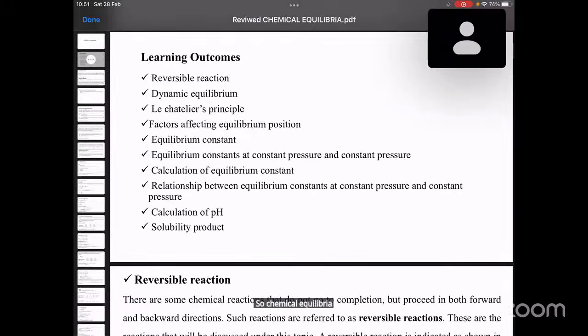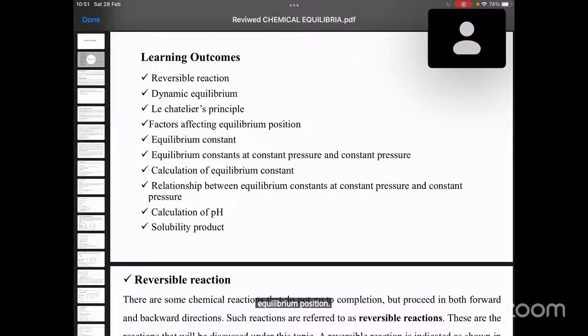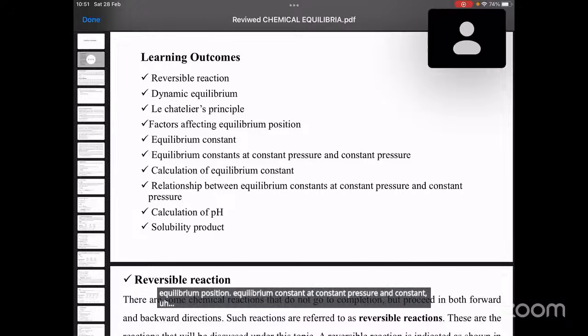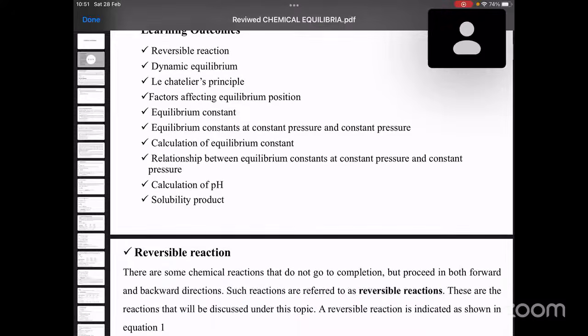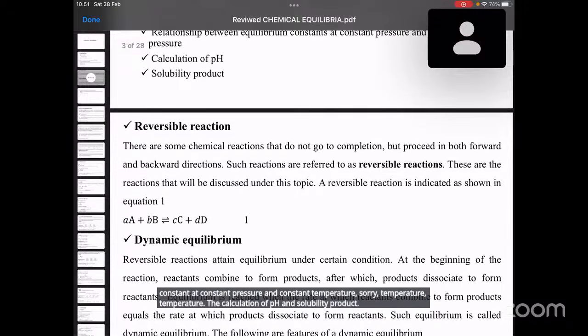These are the things we want to talk about: reversible reaction, dynamic equilibrium, Le Chatelier's principle, factors affecting equilibrium position, equilibrium constant at constant pressure and constant concentration, calculation of equilibrium constant, relationship between equilibrium constant at constant pressure and constant temperature, then calculation of pH and solubility product. So let's get to it.